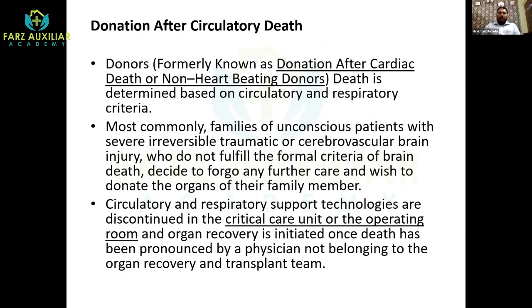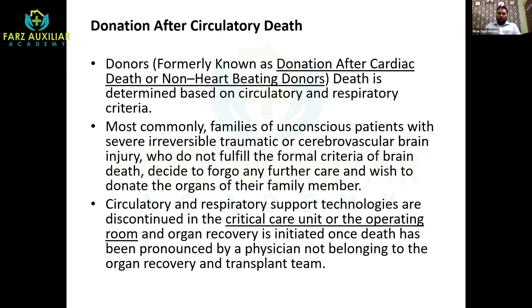Next is donation after cardiac death. This is another type of death where the patient doesn't fulfill the criteria of brain death, but the patient's relatives are willing to donate organs after the death. Then we remove the circulatory and respiratory support in a controlled environment, like in the critical care unit or in the operating room.